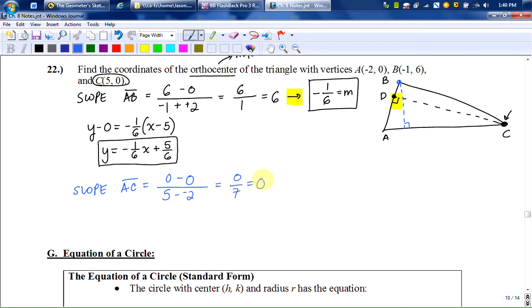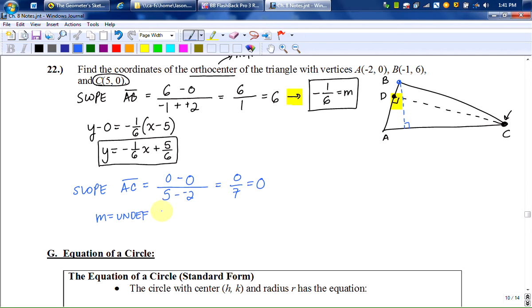And I also picked this kind of wisely, as I had noticed that A and C were going to form a horizontal line. Then I'm going to take this and use the negative reciprocal, which is undefined. Just like with tangent in the trig unit, whenever we had to take the reciprocal for cotangent, taking the reciprocal or negative reciprocal of 0 is going to be undefined.